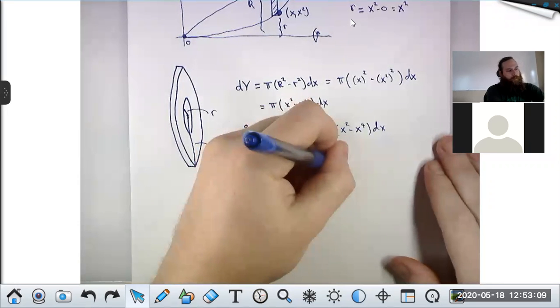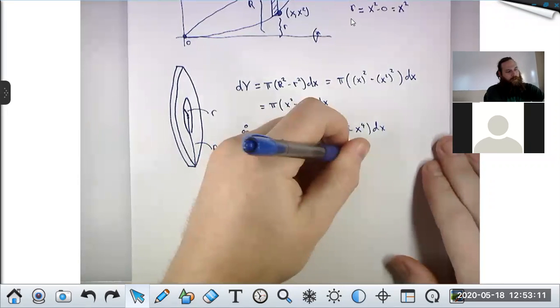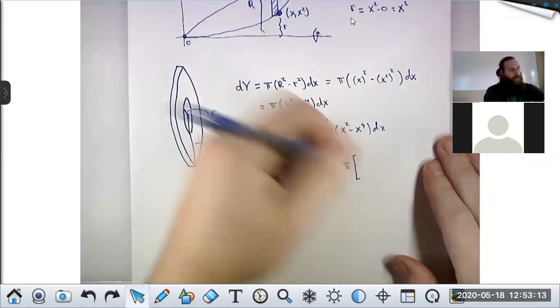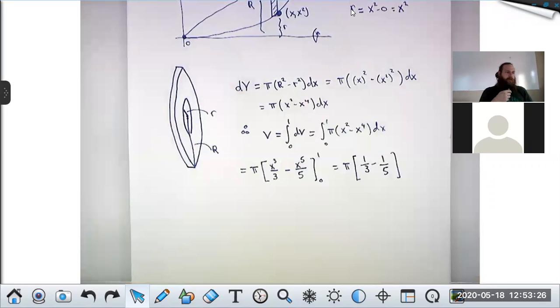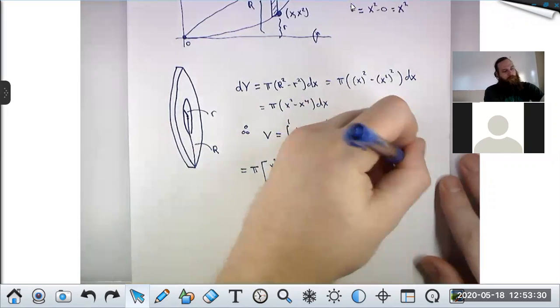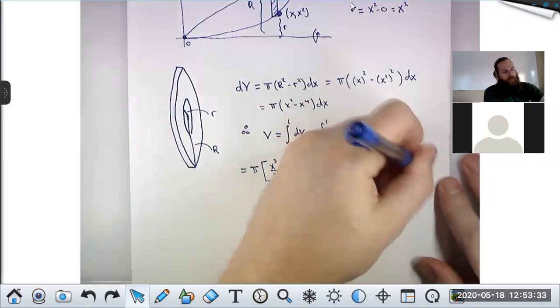So really I just get pi times 1/3 minus 1/5, which is 2/15. Is that right? 5/15 minus 3/15. Yeah. So this is 2 pi over 15.